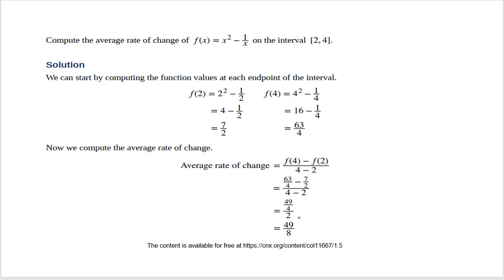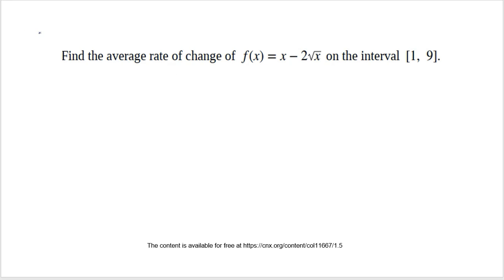So the answer is 49 over 8. Find the average rate of change of f of x is equal to x minus 2 square root x on interval 1 and 9. So x1 is 1, x2 is 9.